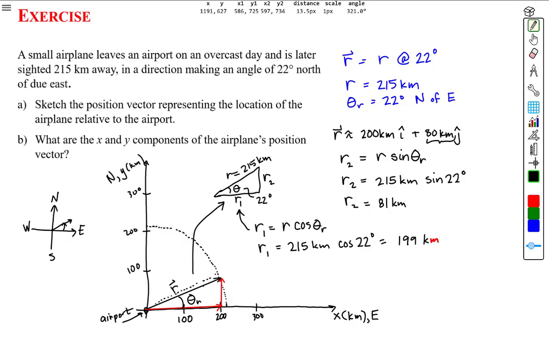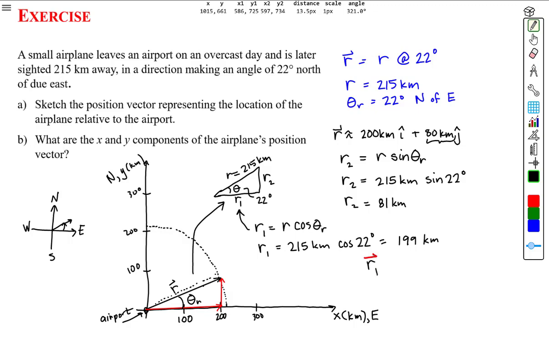Wow, that's pretty darn close. Remember, my estimate with the graph was 200 kilometers for the x component. Algebraically, we get 199 kilometers. I'm feeling pretty good. So now that we know what the components are, we could write this. Well, the question for part B, what are the x and y components of the airplane's position vector? So we would write the x component as a vector, because components are vectors.